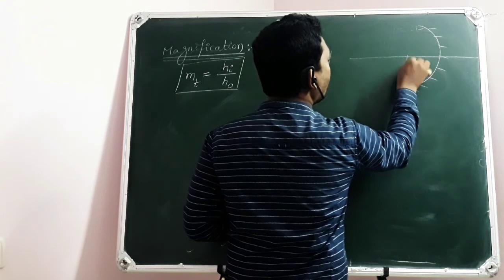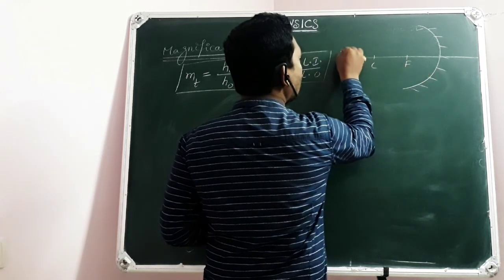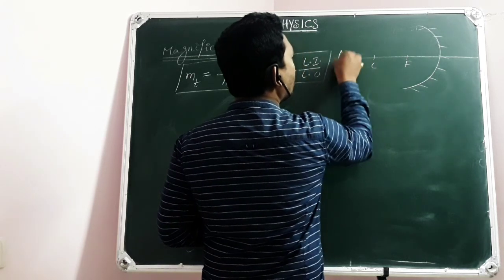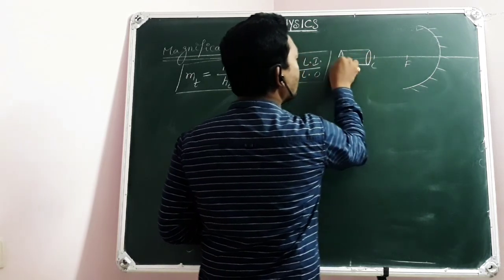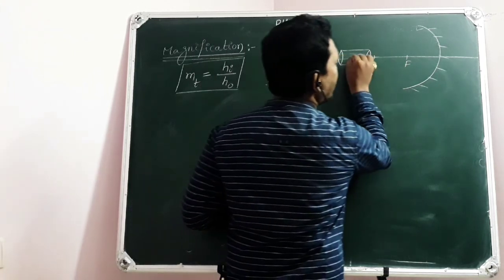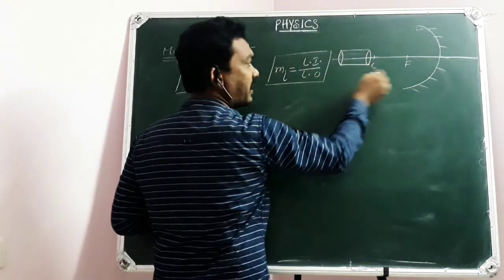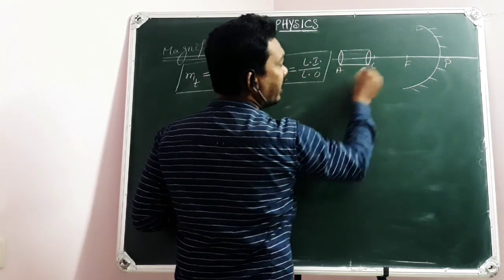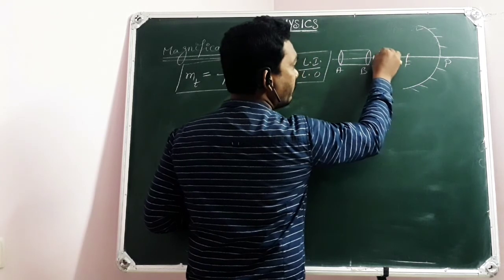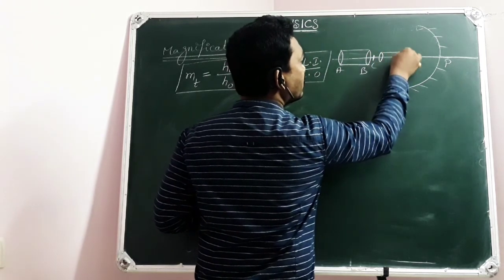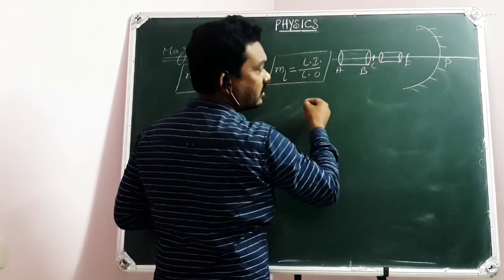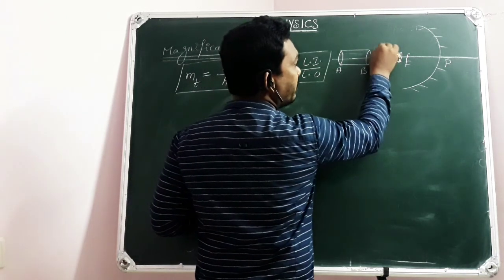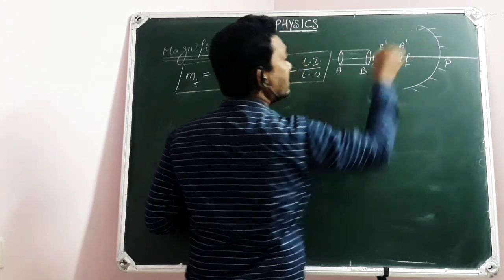Here this is F and this is C. Here there is an object. The object is placed along the principal axis and the object is AB. You can find its image in between C and F. The image will be B dash and A dash.